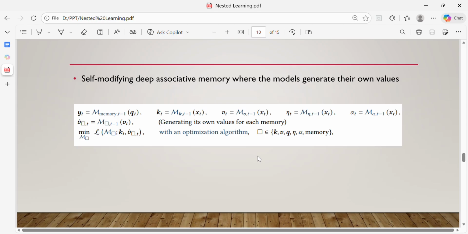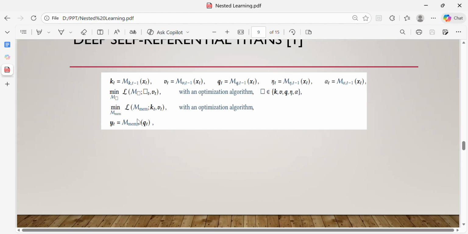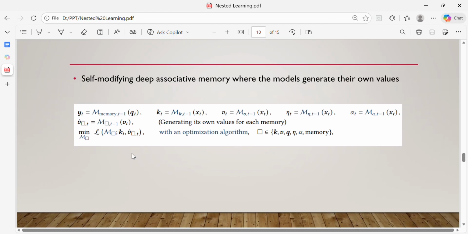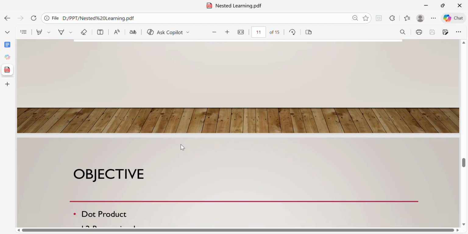And the optimization is same. We are doing the same thing, optimizing M at key kt, V hat of t. Here there was Vt, here it is V hat of t. So these are self-modifying deep associative memory where models generate their own values.